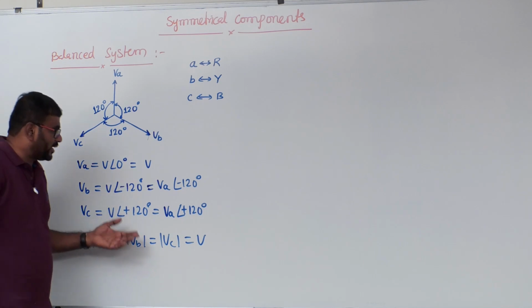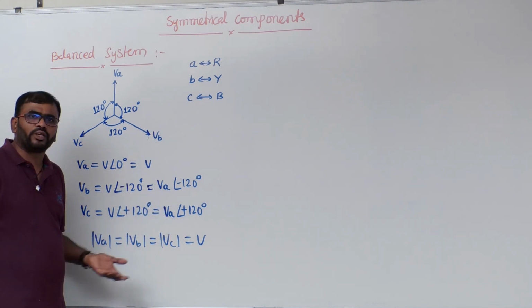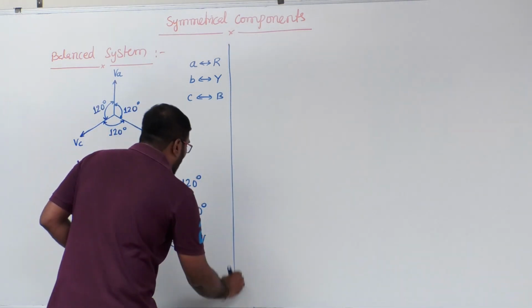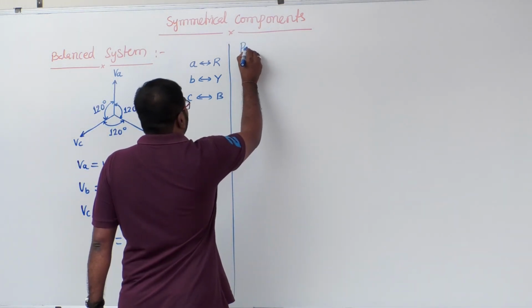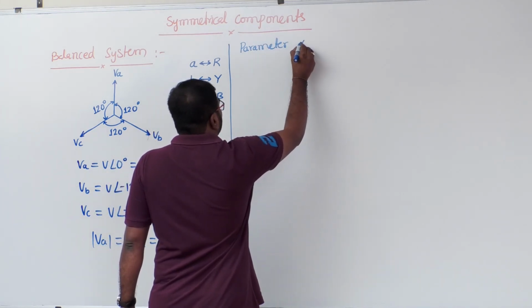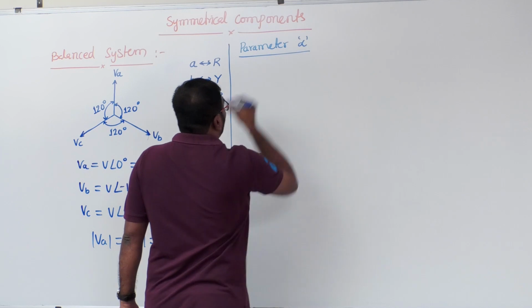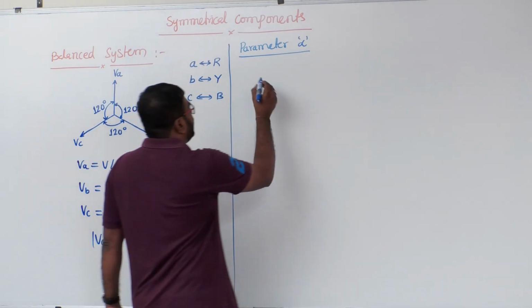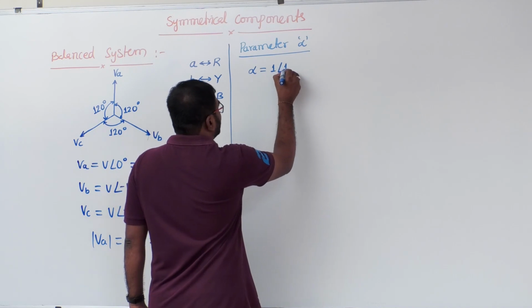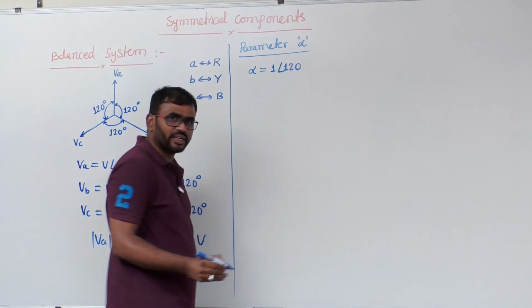Instead of writing 120 degrees and minus 120 degrees every time, we will define a parameter called alpha. The alpha value is 1 at an angle 120 degrees.